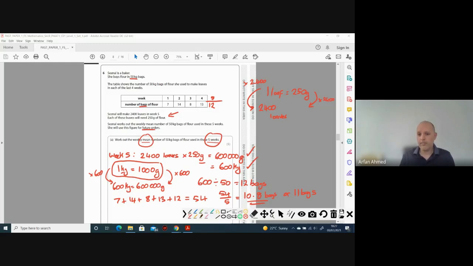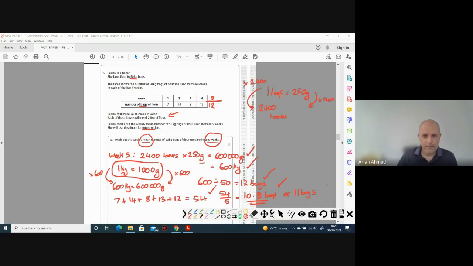She can't buy 0.8 of a bag, so she's going to have to buy 11 bags. So either 10.8 or 11 you can put as your answer. That's absolutely fine. There's your 5th mark right there. So you got 1, 2, 3 for that, 4 for that, and the 5th mark for either that or that. There's your 5 marks right there.